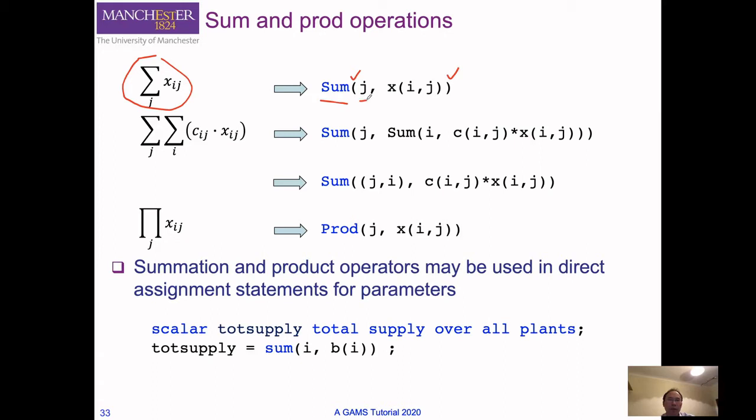Then, because we sum over j, we write index j here and the comma, then we write the expression xij. If we have summation j and summation I in an equation, then we use the keyword sum, then brackets. We first sum over the index j, and then the index I, then we write the expression.